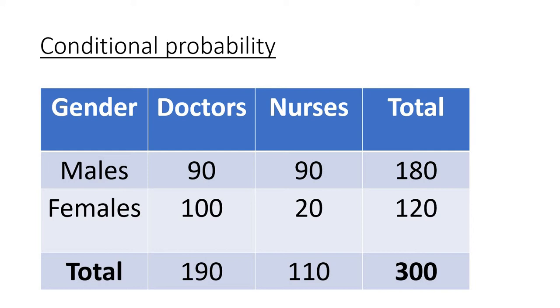At the same time, we have 190 doctors in total. 90 of them are male and 100 of them are female. And we have 110 nurses in total. 90 of them are male and 20 are female.